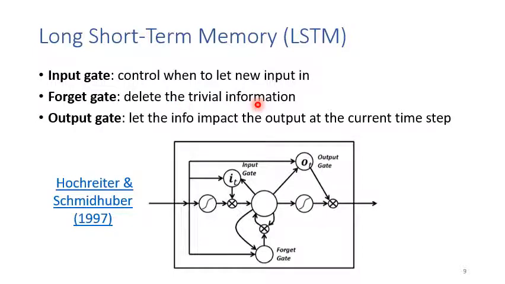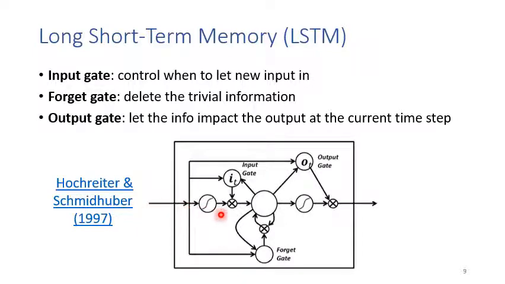It simulates the ability of humans that we usually forget some trivial or unhappy things, right? So humans can forget trivial information. And then the output gate can decide whether to let the information impact the output at the current time step or not. So this is the original figure in the paper.